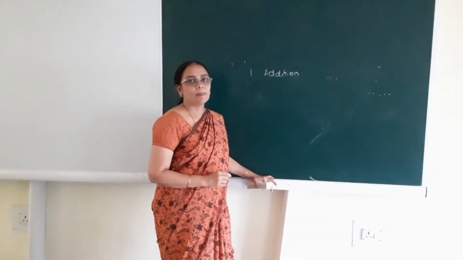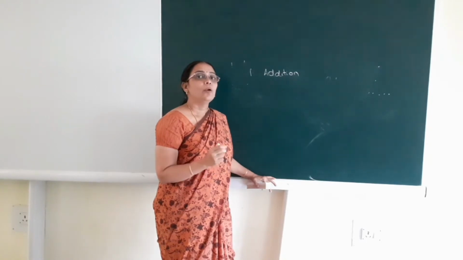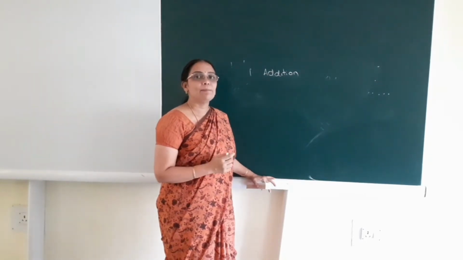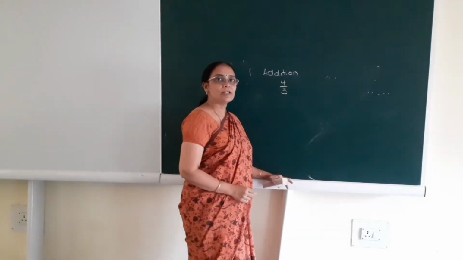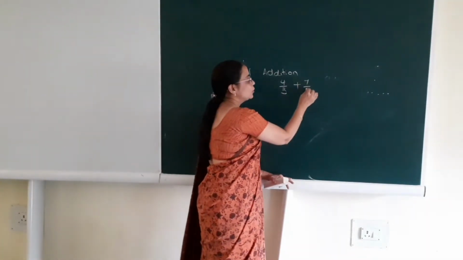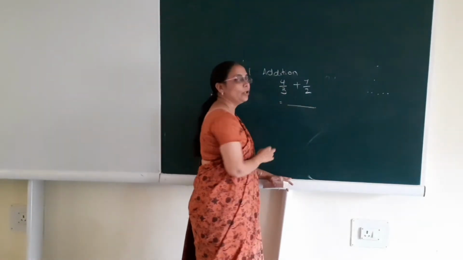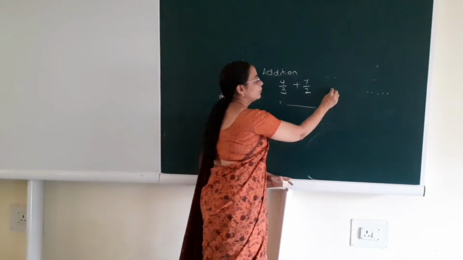When two rational numbers are added, we get again a rational number. You can take examples. We can have 4 by 3, a rational number, plus 7 by 2, again a rational number. How do you add two rational numbers? We first take the LCM.